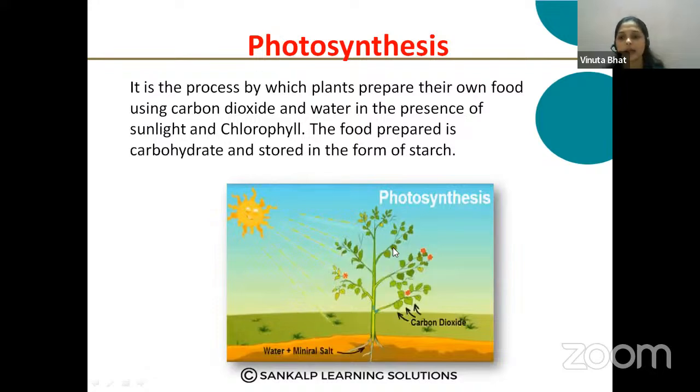So actually you can observe this video. In this video, you can observe what photosynthesis is and how it takes place in plants. Here, the plants are using the carbon dioxide present in the atmosphere, sunlight, water and minerals from the soil, and chlorophyll which is present in the leaves.